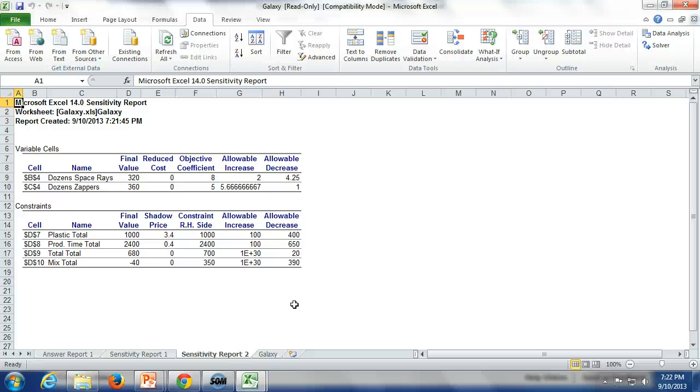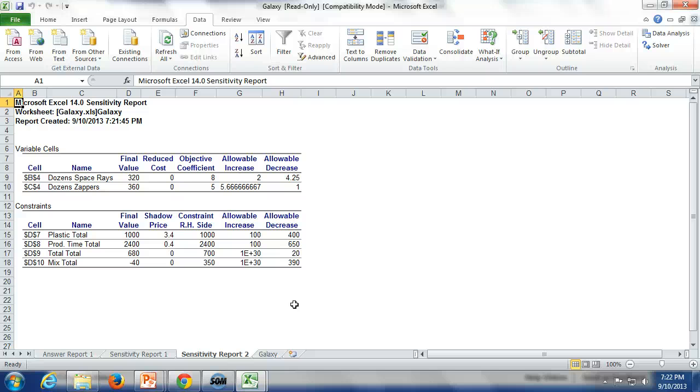It is. How much profit would I lose if I lost 1 hour of production time? How much would my profit go down? 40 cents. If I got an extra unit, it would go up 40 cents. Where is that range valid? Currently it's 2,400.